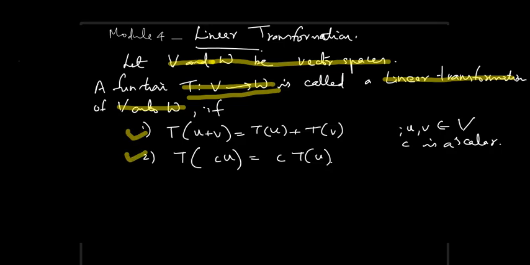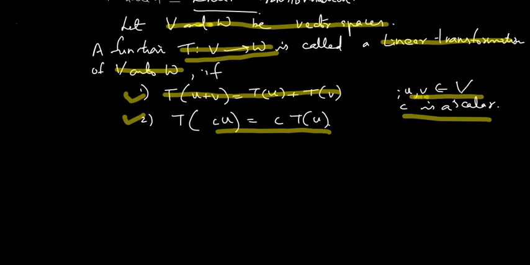First, T of u plus v is equal to T of u plus T of v, where u and v belong to the vector space V. And second, T of c times u is equal to c times T of u, where c is a scalar. If it satisfies these two conditions, then T is said to be a linear transformation from V to W. So V and W are two vector spaces.